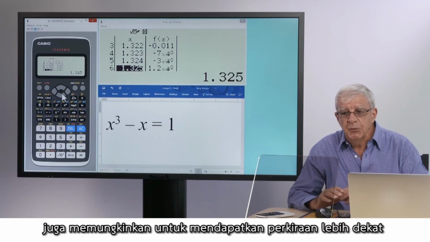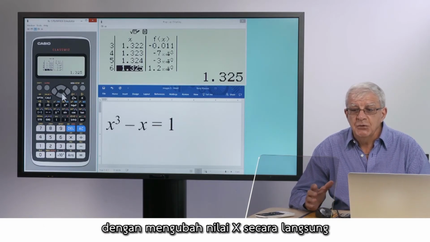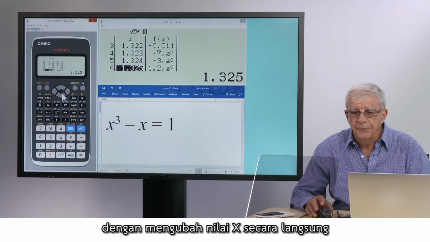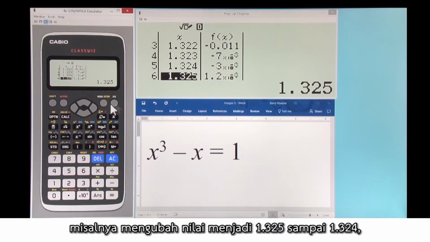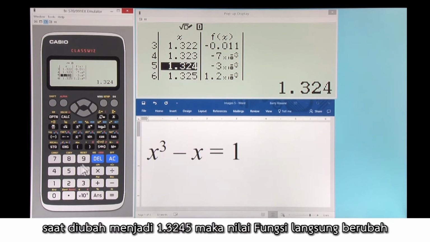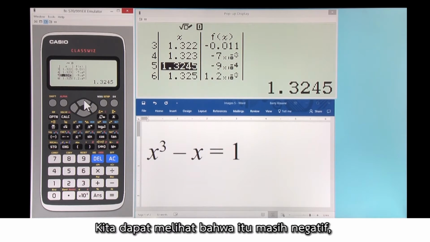It's also possible to get a closer approximation by changing the x values directly. So we could, for example, change 1.325 or 1.324 into 1.3245, and the value of the function changes immediately. We can see that it's still negative.